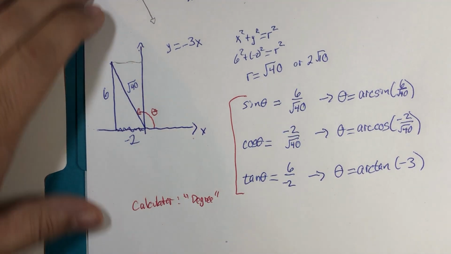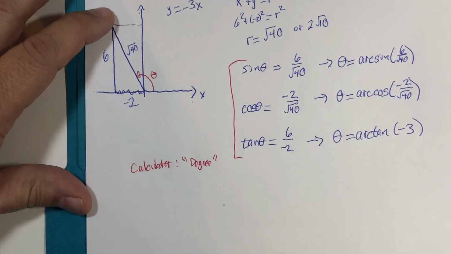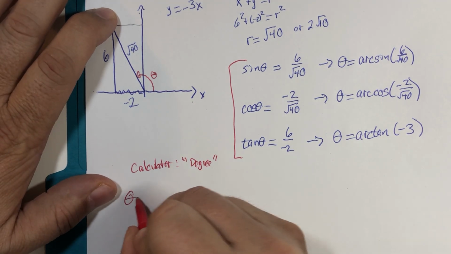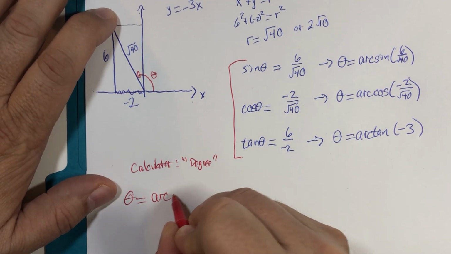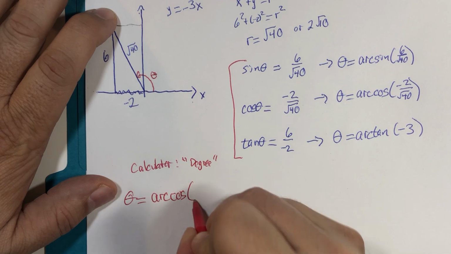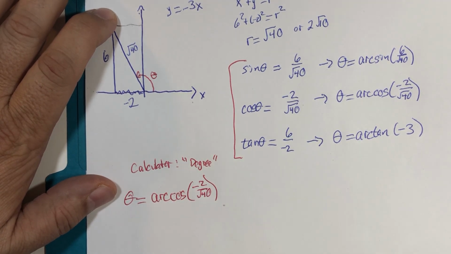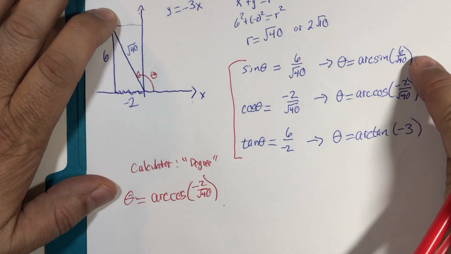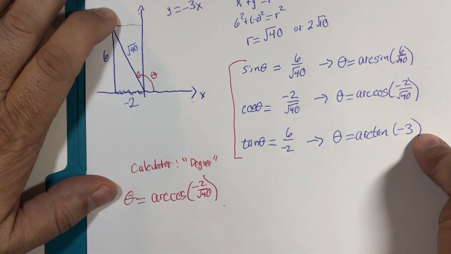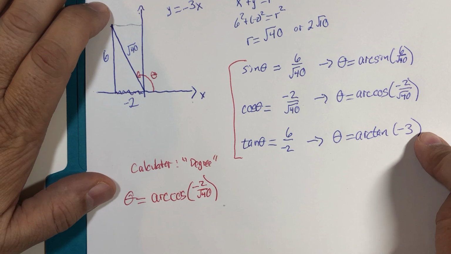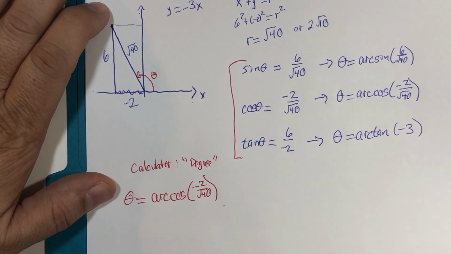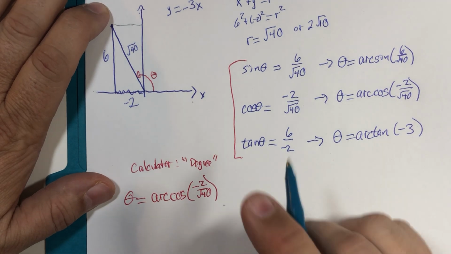The only value that works here is the inverse cosine of negative 2 over root 40. To use one of the remaining two choices, you would have to perform a couple of other arithmetic operations in order to utilize them.